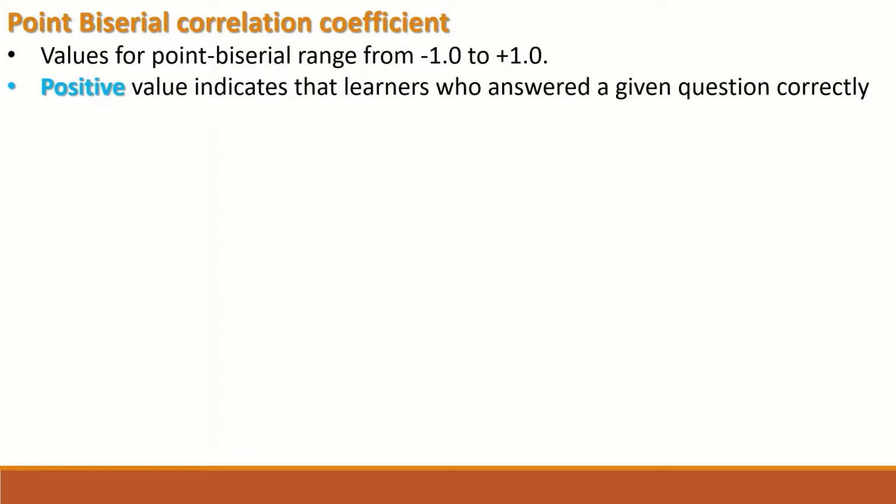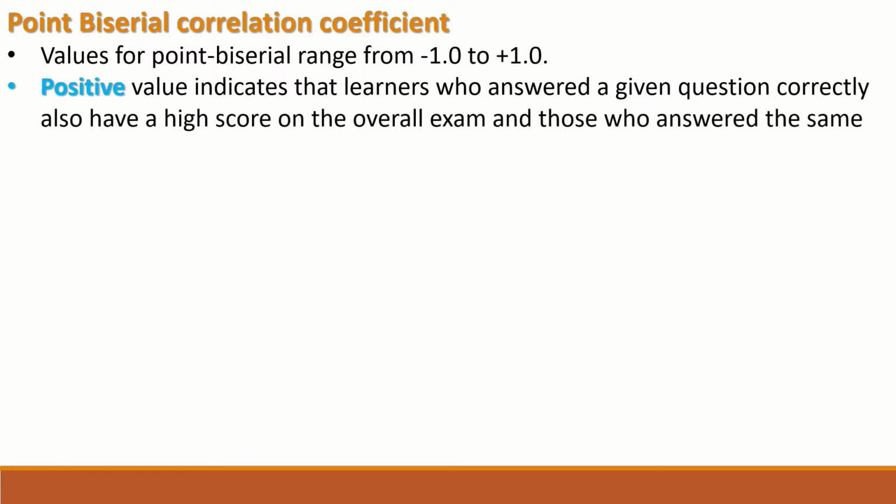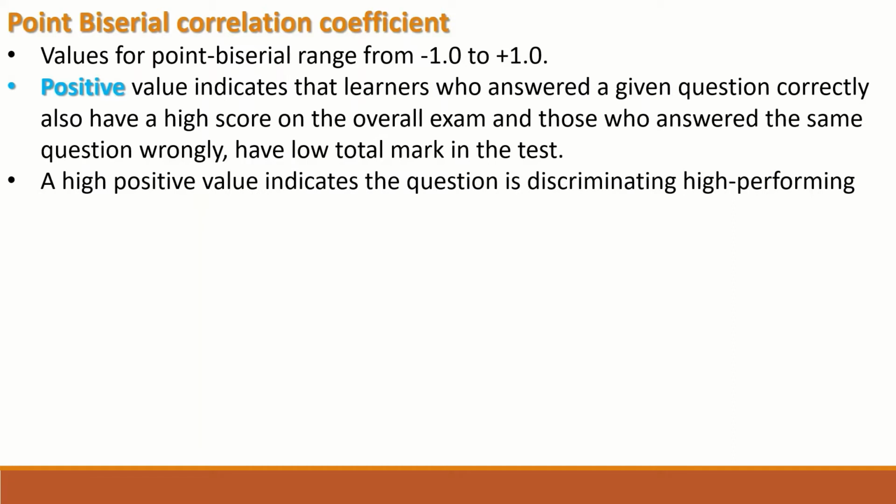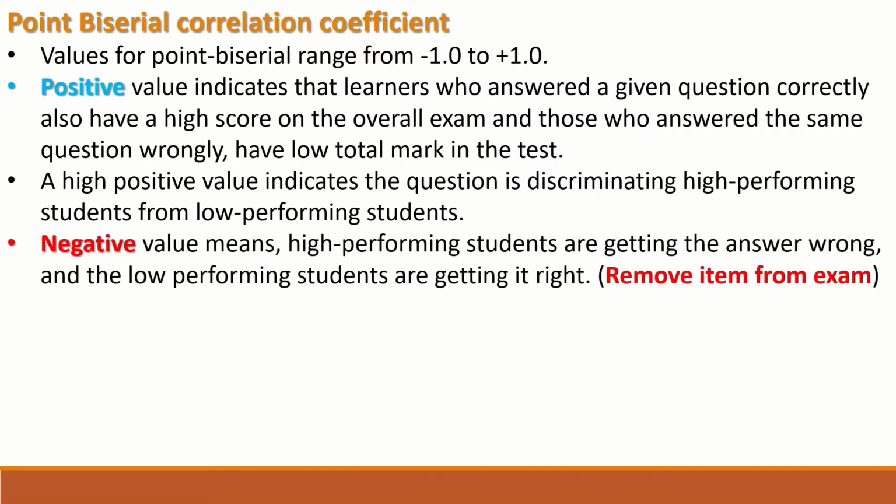A positive value of the coefficient indicates that a learner who answered a given question correctly also has a high score on the overall exam, and those who answered the same question wrongly have a low total mark in the test. A high positive value indicates that the question is discriminating high performing students from low performing students.